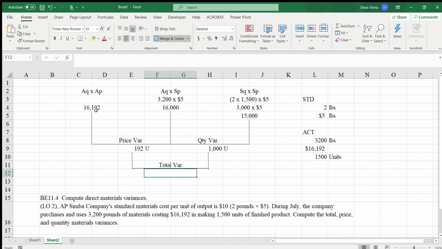Or you can look at the actual versus standard. So we know that my total variance is going to be $1,192. And again, unfavorable. That's the important part too, not just calculating the number, but being able to realize if it is favorable or unfavorable.